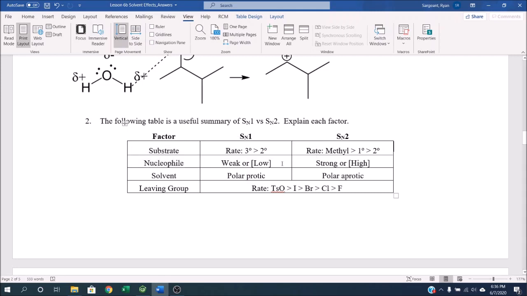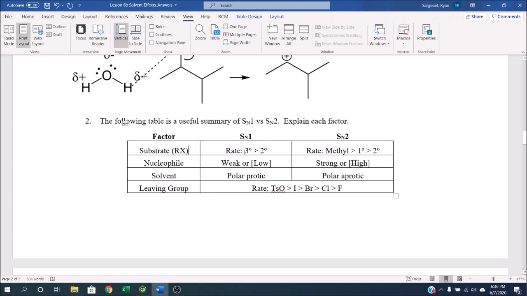What we'll find is that for an alkyl halide, that's the substrate right here. You should make a note here that this is most likely going to be an alkyl halide. There are some other substrates we'll look at later on. That's your organic compound. If it's tertiary, it's much more likely to be SN1. And if it's primary, then it's much more likely to be SN2.